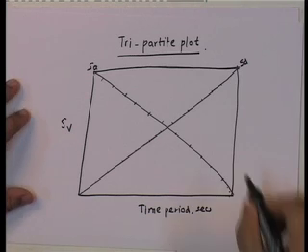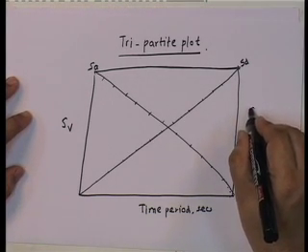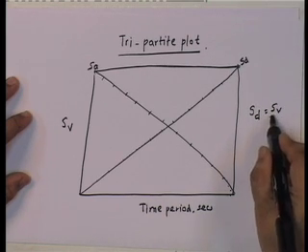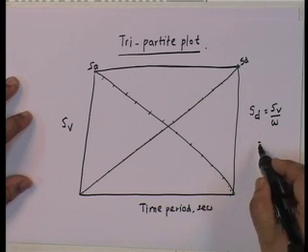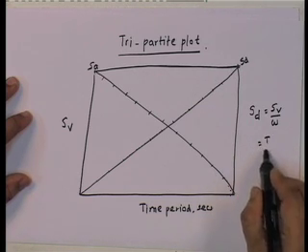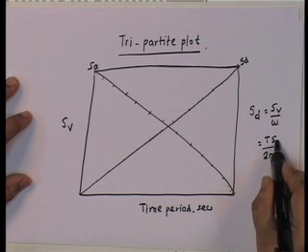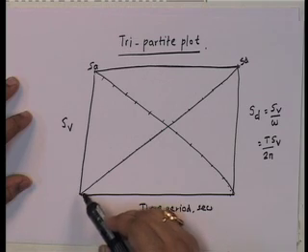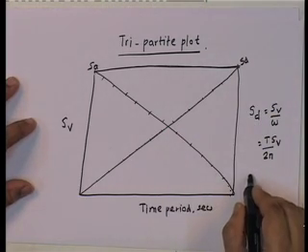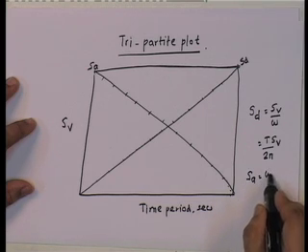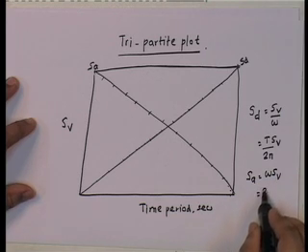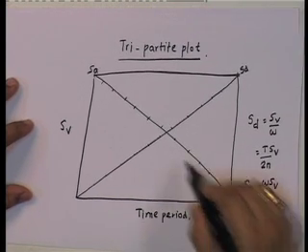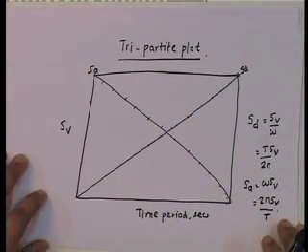Now, why are we able to draw this? Because SD is equal to SV upon omega, so it is equal to T upon 2 pi into SV. So, SD is plotted along this line, and SA is equal to omega SV, which is equal to 2 pi SV upon T. So, this is plotted along this line.